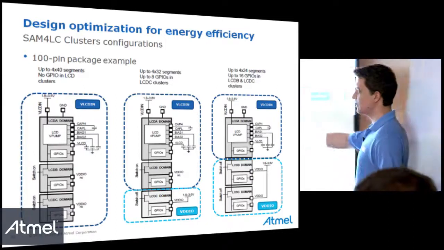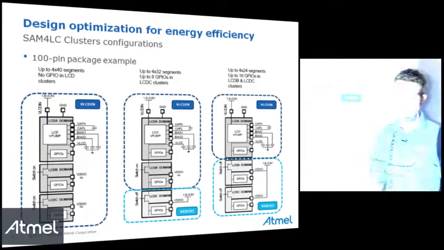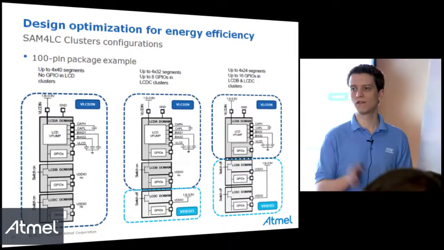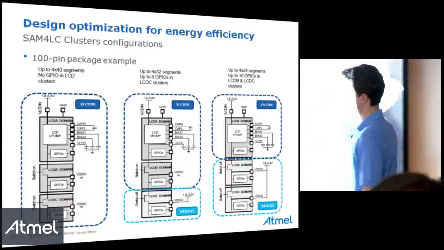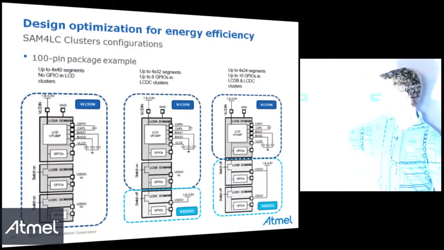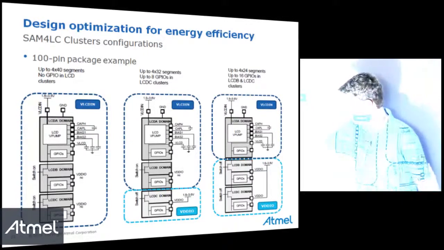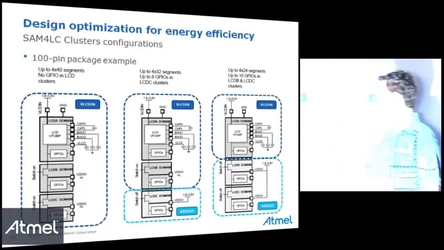It can be fully dedicated to the LCD controller, which means you need all the segments and drive 4 per 40 segments on your LCD. In hardware, you just have to connect VLCD in to the first cluster. Then all the switching will be done in software so that all the GPIOs will be powered.